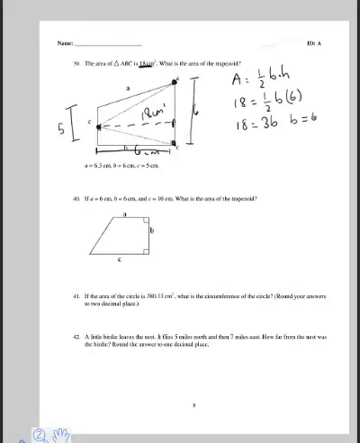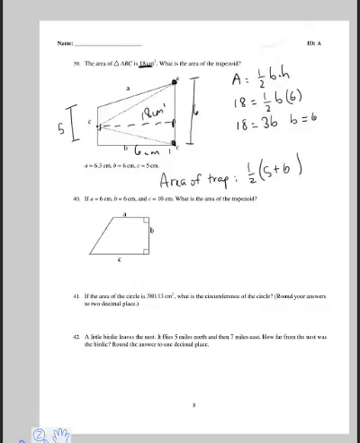And now we can use the area formula for a trapezoid. It's 1/2 times the sum of the two bases. Remember, the bases are the two sides that are parallel, so it's that side and that side. So that's 5 plus 6.